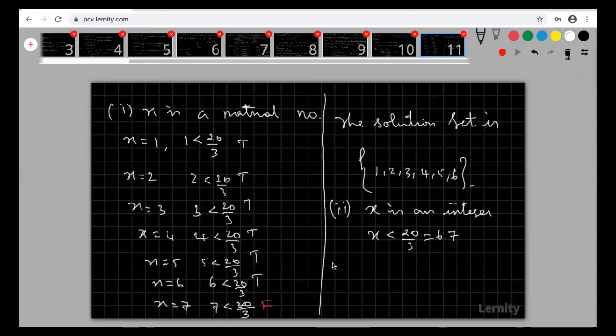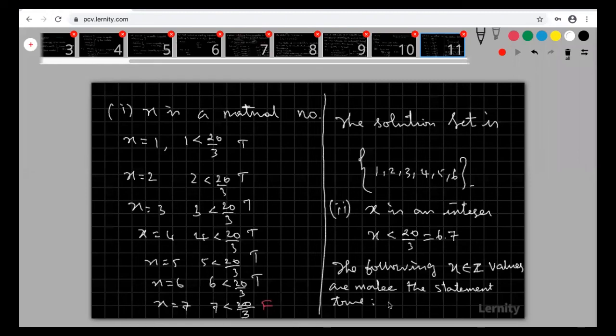So therefore, the following X values, X belonging to integers, satisfy or make the statement true. What are the values?